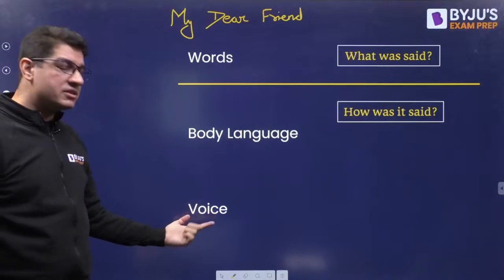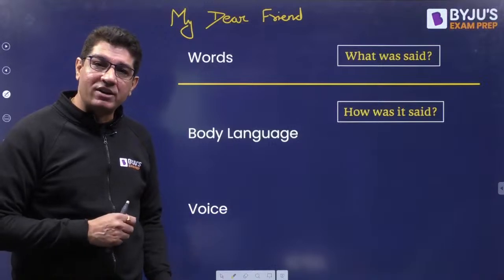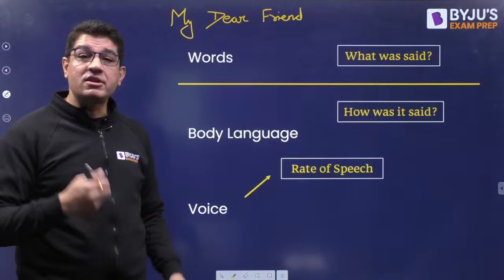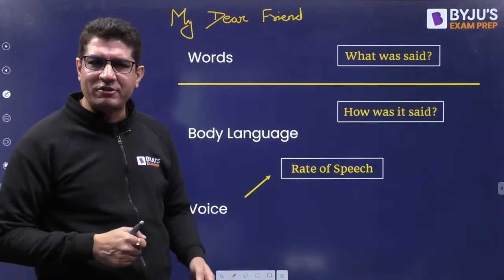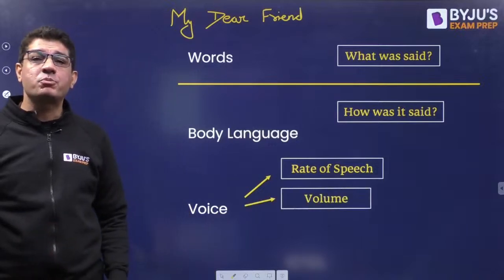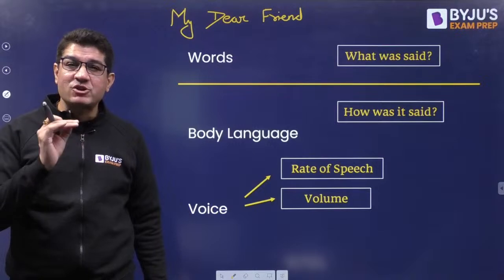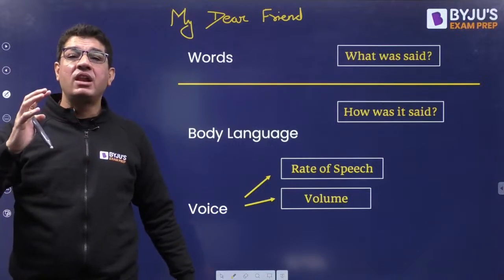So let's ignore body language for a brief while. When we say voice, our voice happens to have certain properties. So what are those properties? Let's check. Rate of speech. The number of words that you speak in a minute is typically called your rate of speech. Then your voice has this other property called volume. You can speak at a soft, low volume, or you can choose to speak at a rather loud volume.